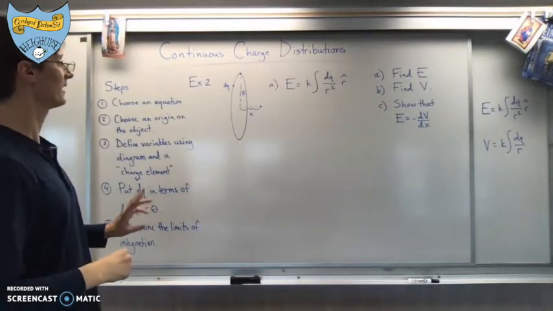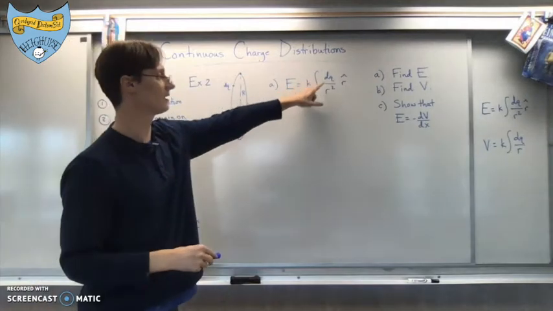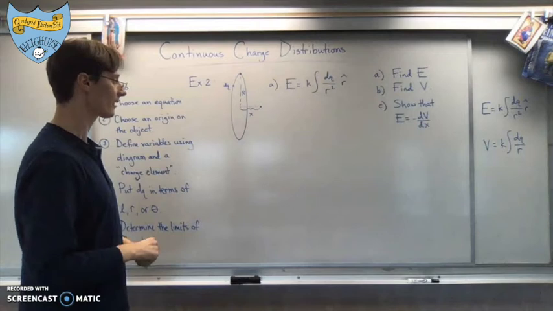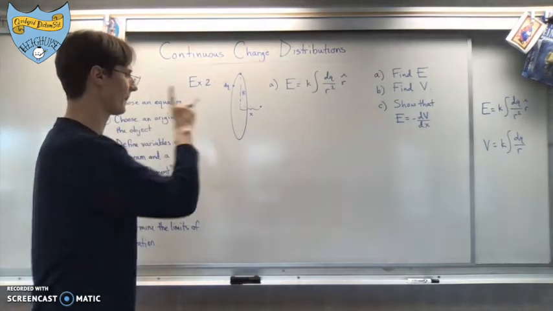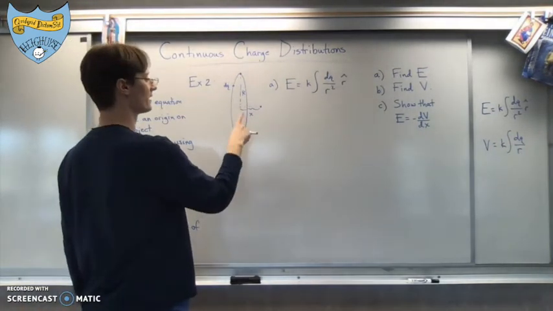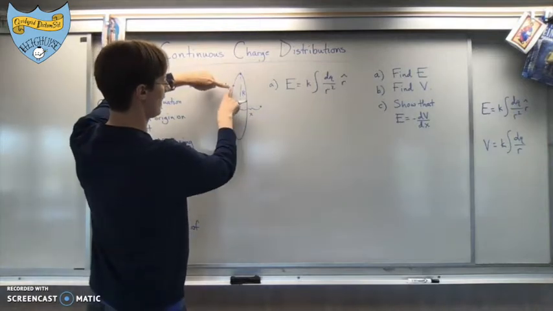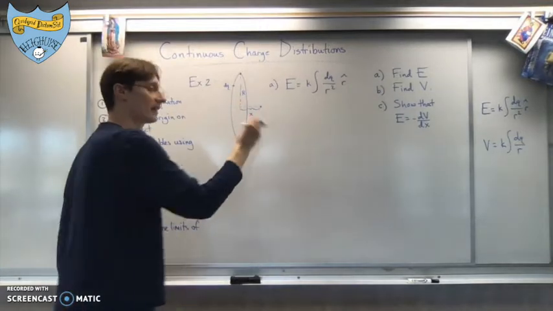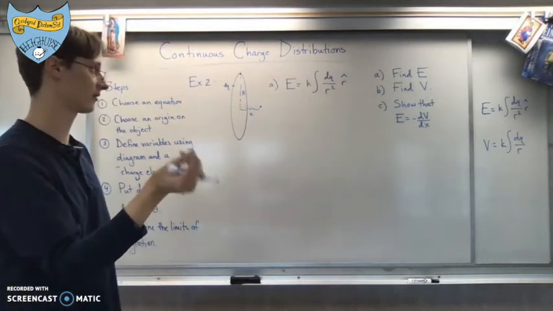Okay, next thing is defining dq and r, and then also r hat. R is going to be the distance between a charge element on here and the point where I want to find the electric field.